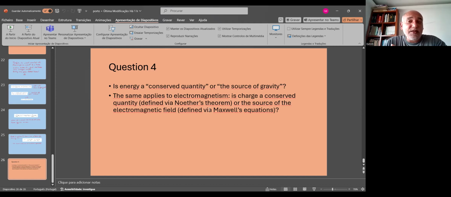But maybe this is not the same quantity that comes out of Noether's theorem. And I don't know if I'm understanding your question: if we have such good theories like general relativity and electromagnetism, where we don't have to question this, in electromagnetism it's the same quantity, why should we question such a good theory?